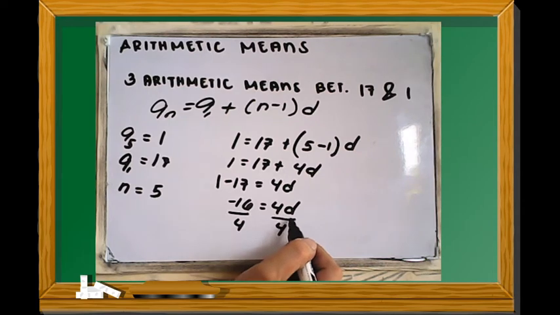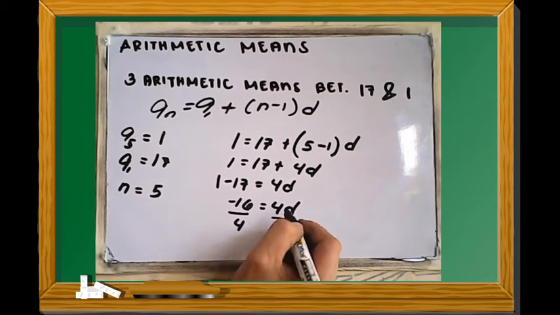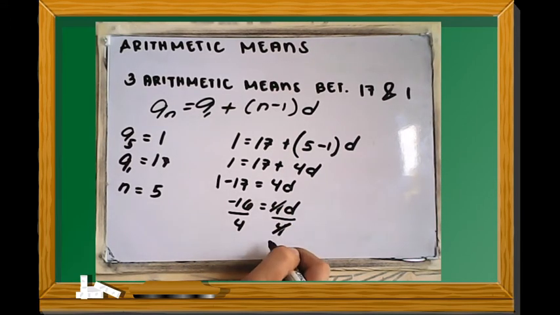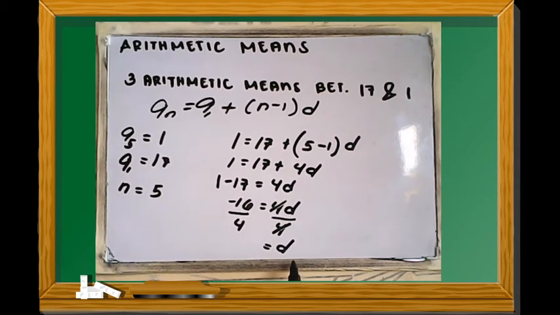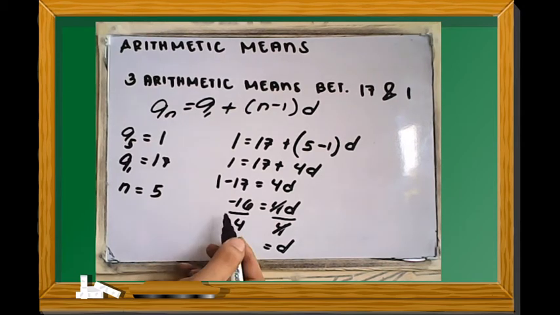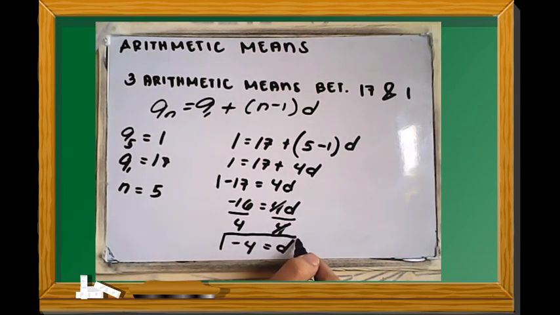So we divide both sides by 4 so that 4 is cancelled and only d remains. Here, we have isolated d, so it has no other companion. Then negative 16 over 4, if we perform the division, is negative 4. So the value of d is negative 4.